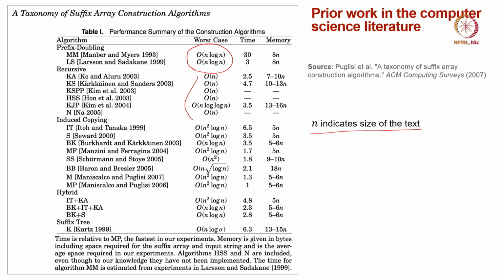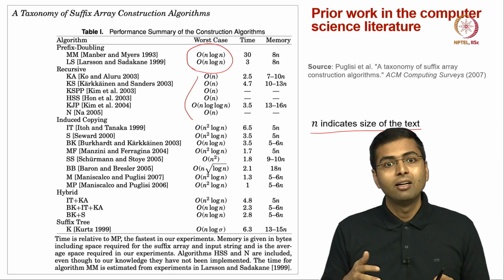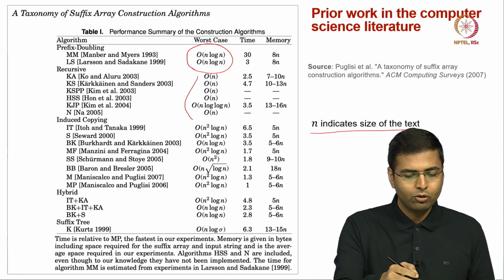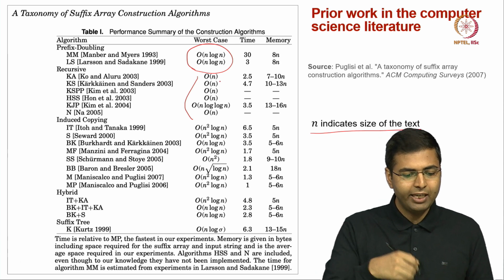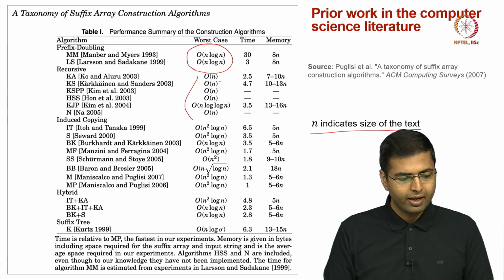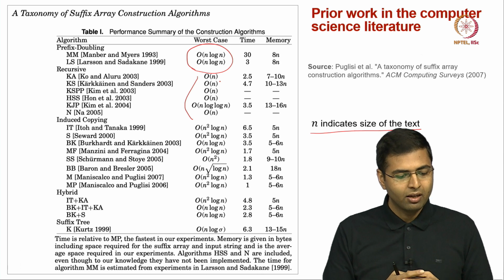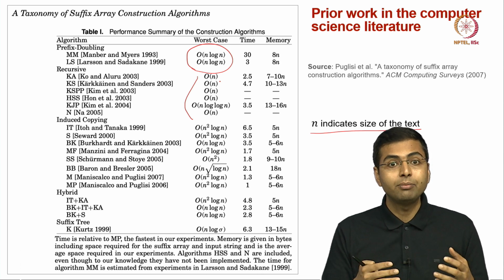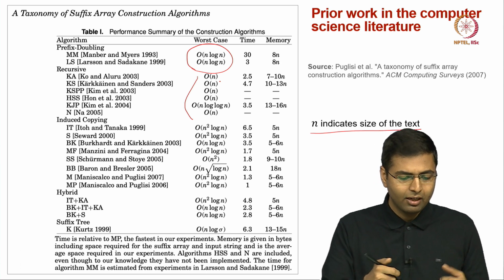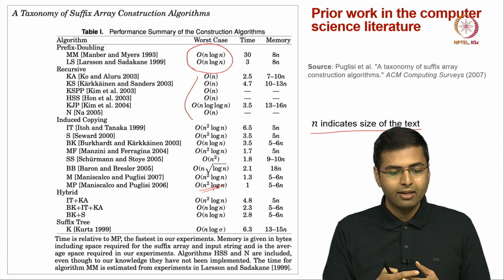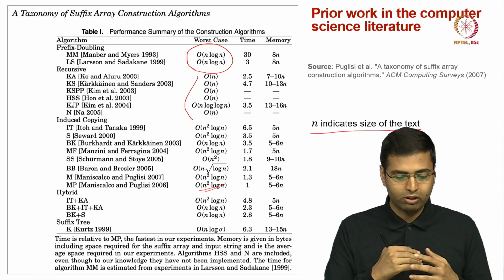So sorting of these suffixes can be done much faster than sorting of n real numbers. This is the improvement that happened in the early 2000s, and then more algorithms came up that introduced various techniques, motivated by developing algorithms that run faster in practice, but they may not have as good worst case time complexity as the previously known algorithms.